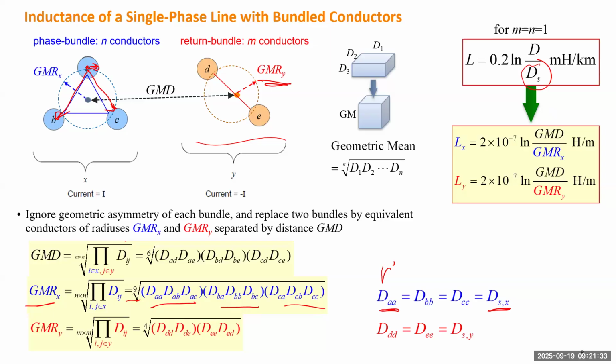So that's GMR. GMD is just any distances connecting 2 elements from 2 different groups. So the total number will be 3 multiplied by 2 in this case. If I have n conductors in the first group and m conductors in the second, the total number will be equal to the product of n and m.